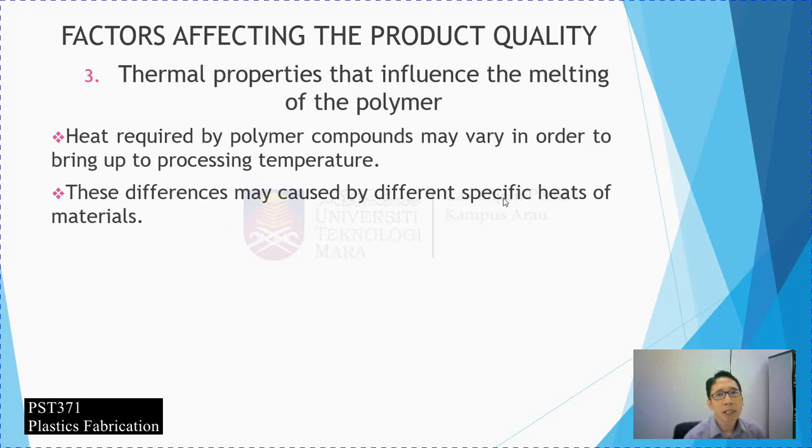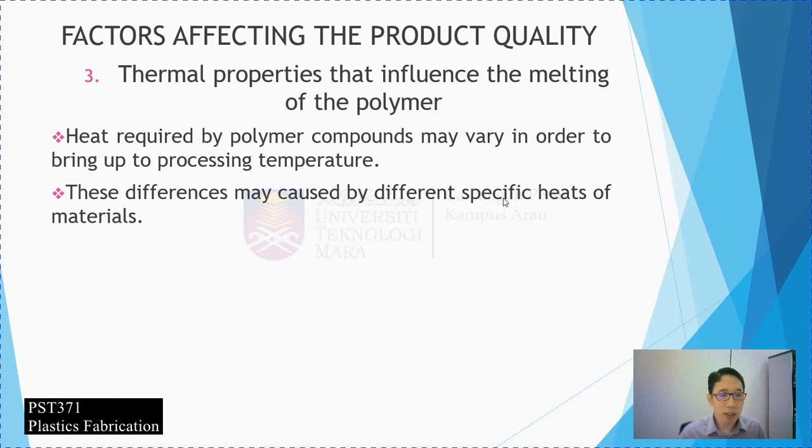The third one, thermal properties that influence the melting of the polymer. Heat required by polymer compounds may vary in order to bring up the processing temperature. This difference may be caused by different specific heats of the material. Okay, each of the materials, as you go through chapter 3, semester 3 or semester 4, about the polymeric behavior, thermal behaviors of the thermoplastic and thermoset itself.